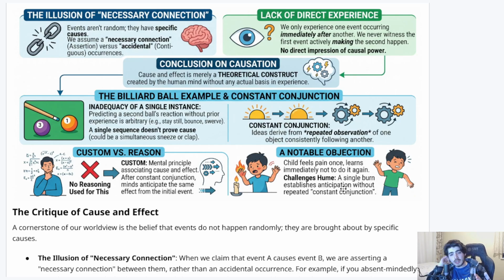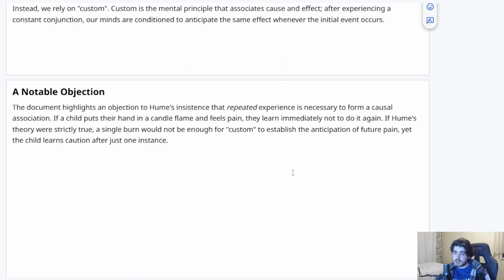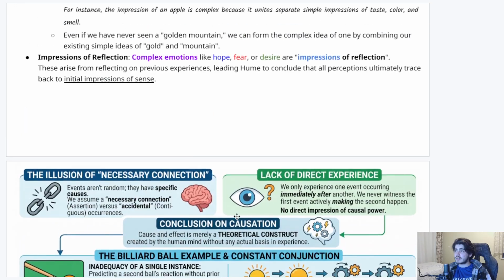If he is not dumb, then he will not touch it again because he would have learned this cause and effect of touch and pain. So this challenges Hume, since a single burn establishes anticipation without repeated constant conjunction. And that is Hume.